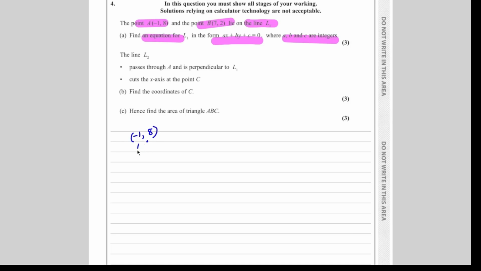Just have an idea of the sketch of the x and y axis. Then let's get B: positive 7 on the x axis is somewhere here, 7 comma 2. I'm getting point B over here. Right, let's join A and B, then it would be a straight line.